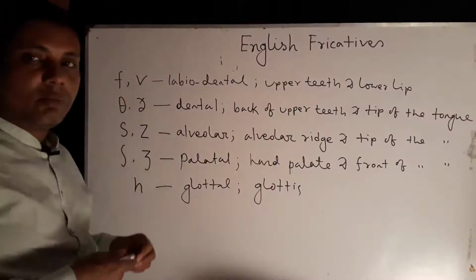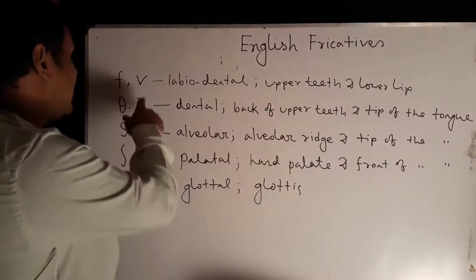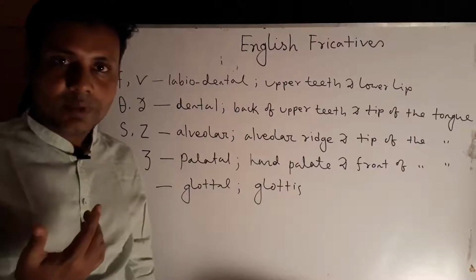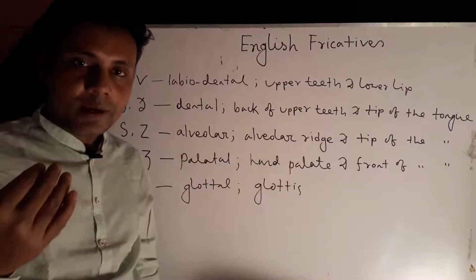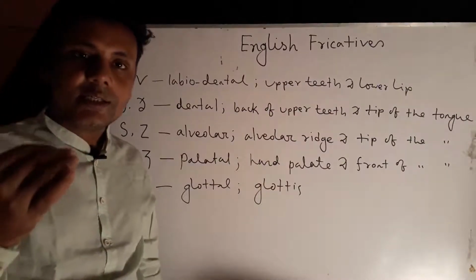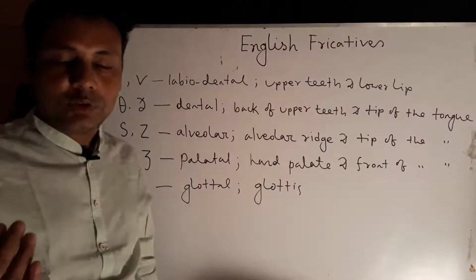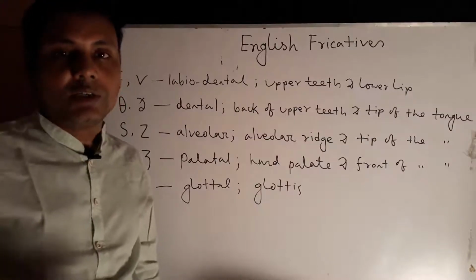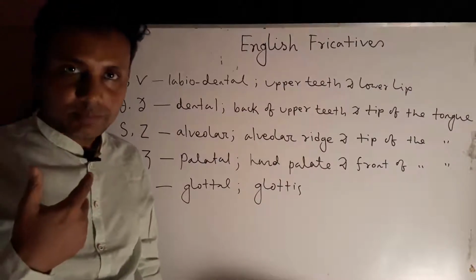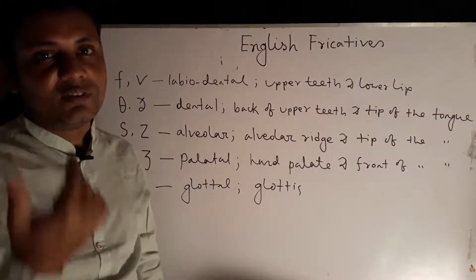The first pair, fa, va, labiodental, that is upper teeth and lower lip. Now apply the principles. Light touch by the articulators, using which 2 articulators? The surface of the upper teeth and the surface of the lower lip.